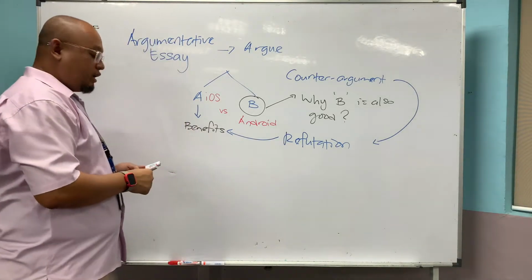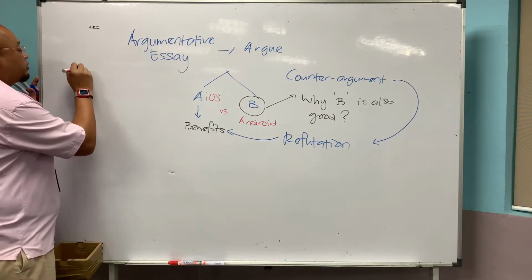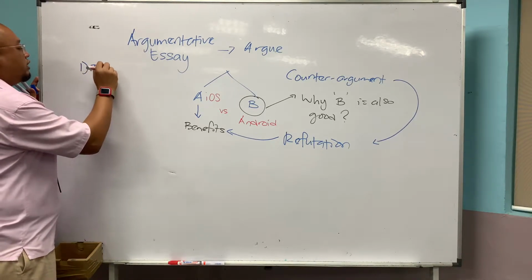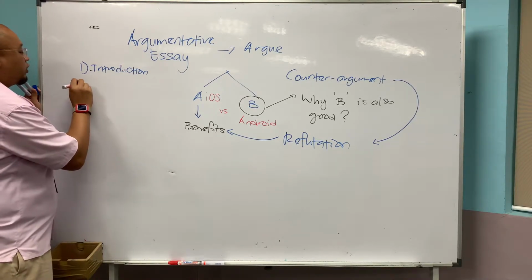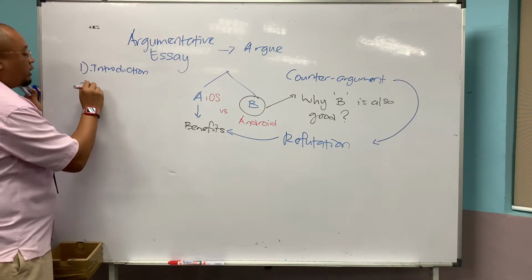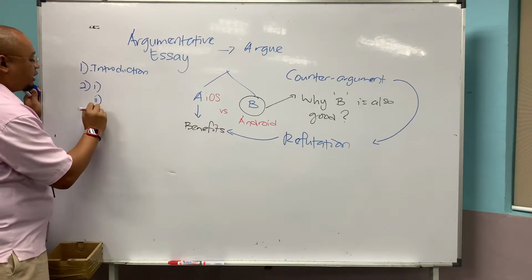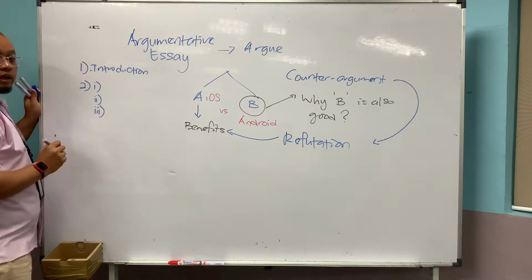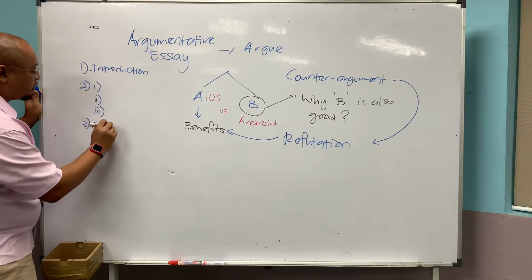Okay, remember that you are going to have a 5-paragraph essay. We're going to start with the introduction. Then you're going to have the main point 1, main point 2, and then main point 3. And lastly, you're going to have the conclusion.